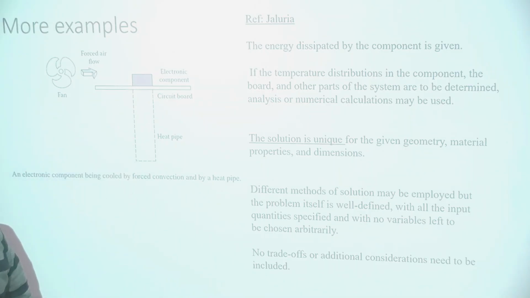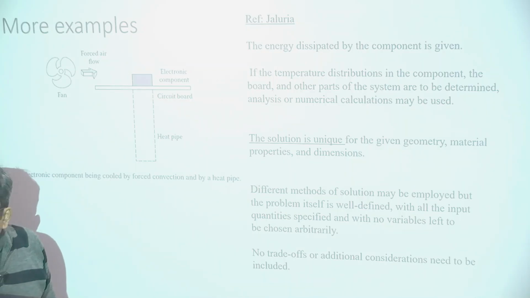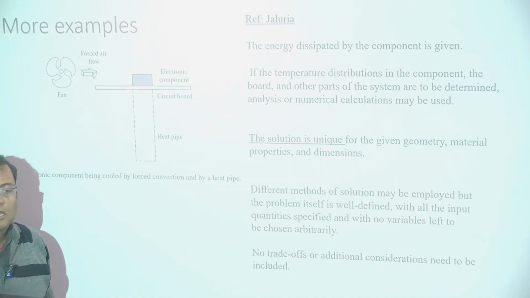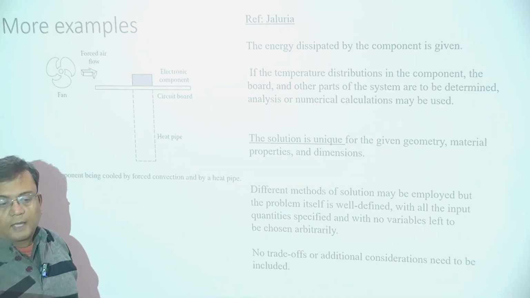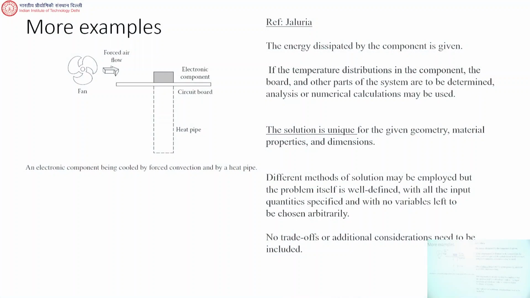If this is your flat plate and the flow just goes over this, and let's say this is heated, you know how to solve this, isn't it? You have done it in undergraduate. The flow problem is solved by Blasius's method, and the heat transfer problem is a follow-up of that method where you add the energy equation also. So you need governing equations and boundary conditions, and you can solve this.